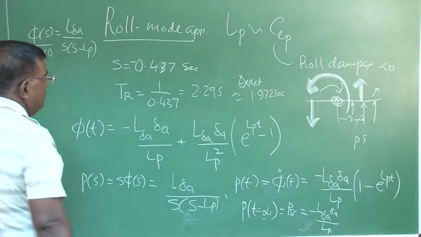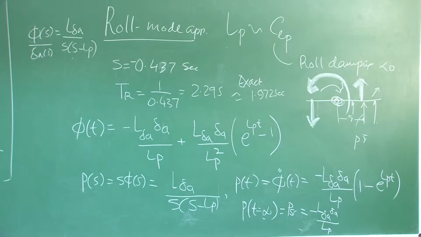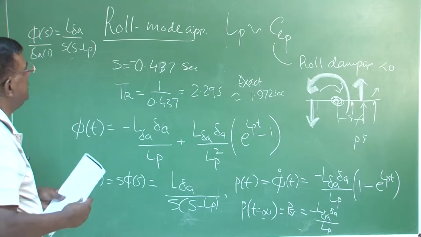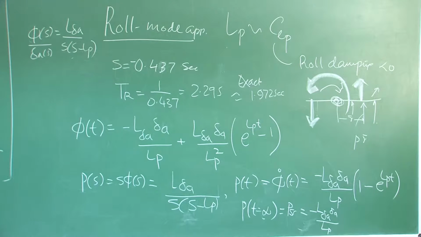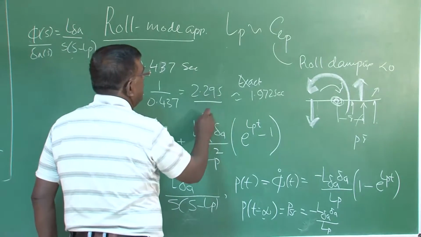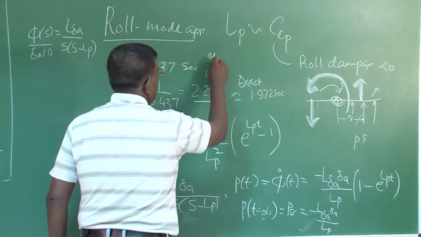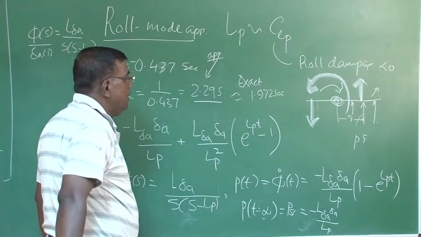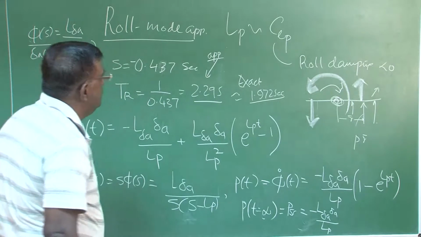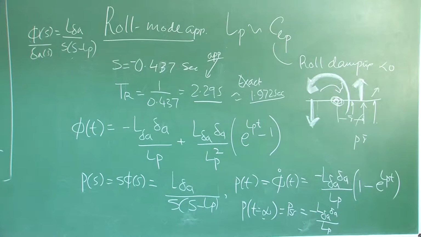Once we solve that characteristic equation and put the values, we get s equal to minus 0.437 per second. And the time constant T_R is 1 by this, so this is 2.29 seconds, which is coming from the approximation. That is the 1D approximation. But the exact value was 1.972 seconds. You see that they are not that bad as spiral.